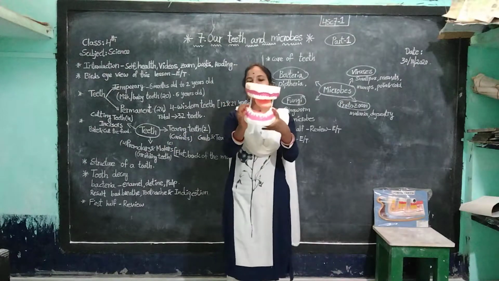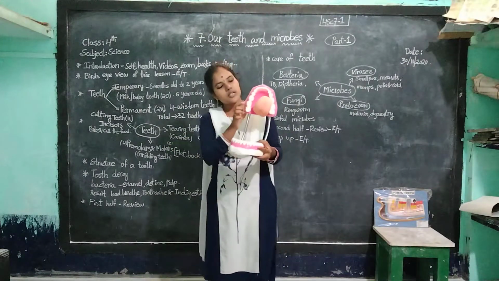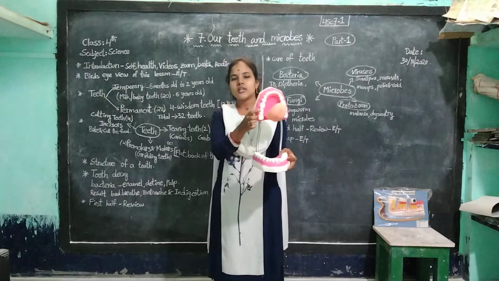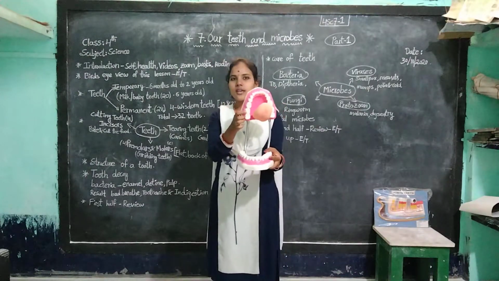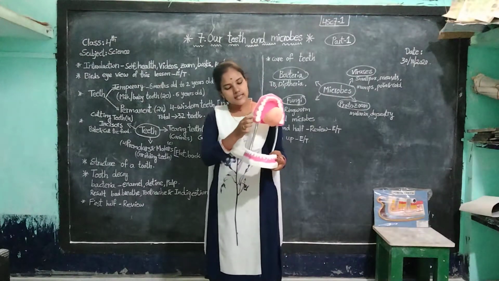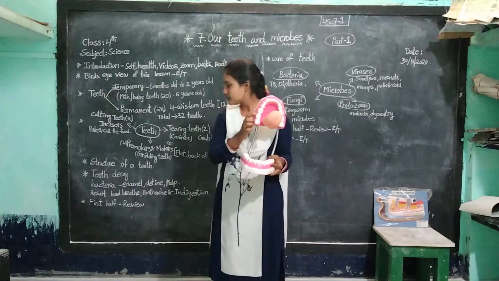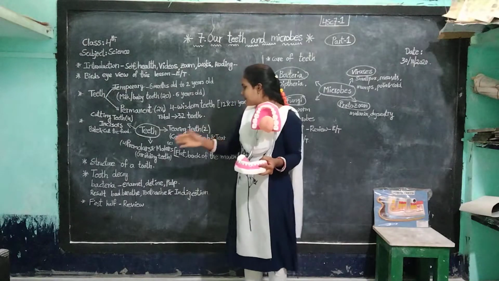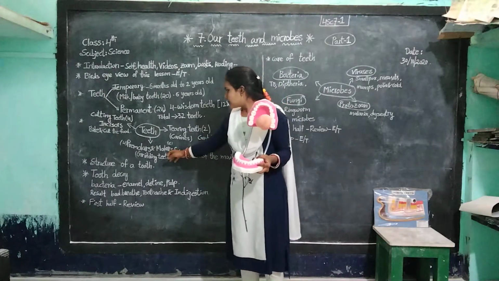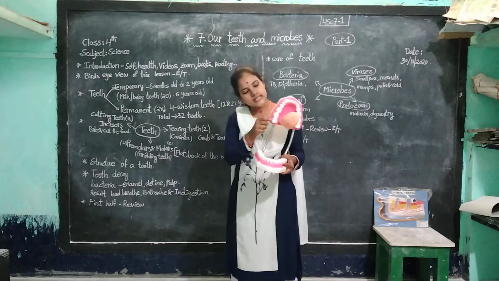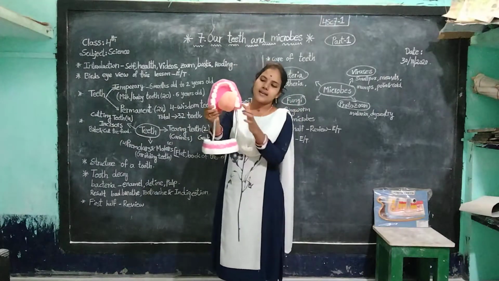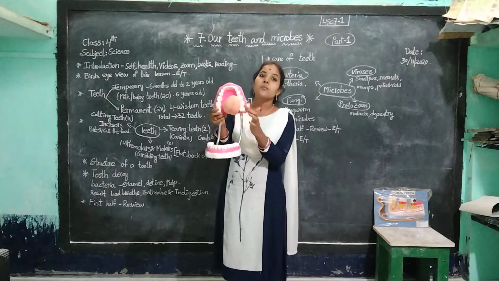Once you observe these teeth, children, these are looking like a double. The teeth is single here, and here the teeth is looking like a double tooth. These three are what, children? Yes, molars. These three double teeth are called molars.